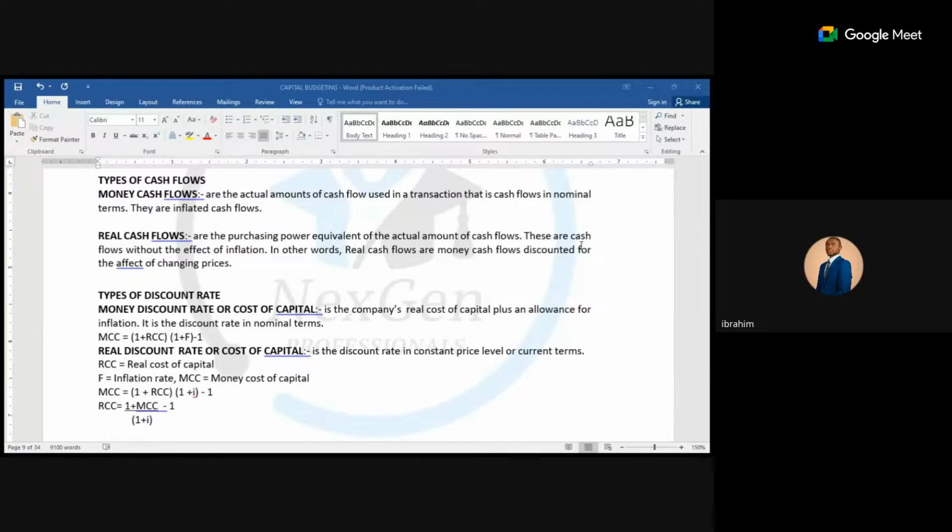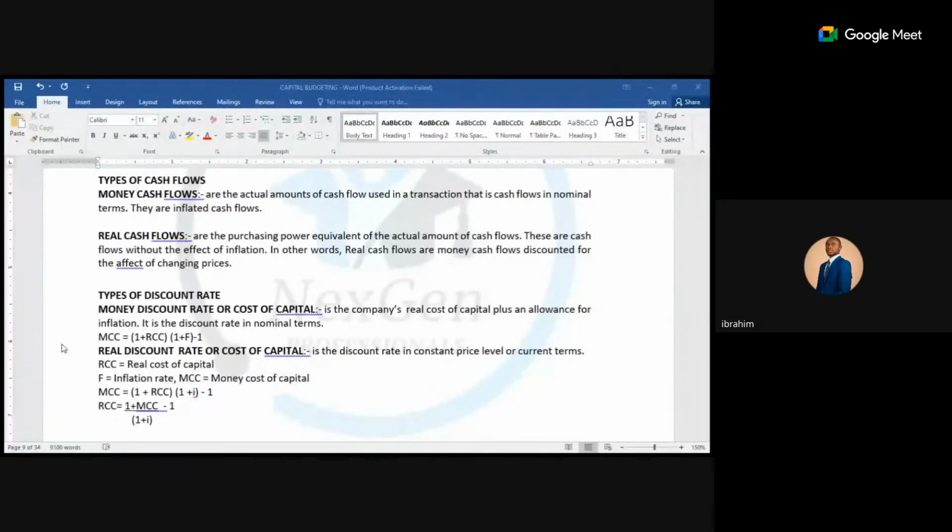Class, now we have the money cost of capital and the real cost of capital. If you have inflated your cash flow, money cash flow goes with money cost of capital. You've inflated your selling price, variable cost and fixed cost to give you money cash flow. Definitely what you should use to discount that project is in money or nominal terms.